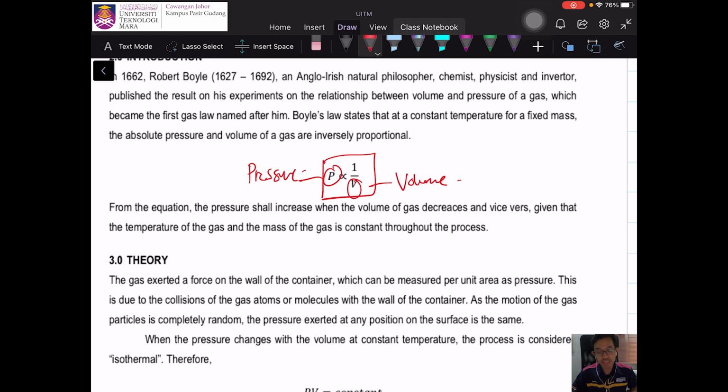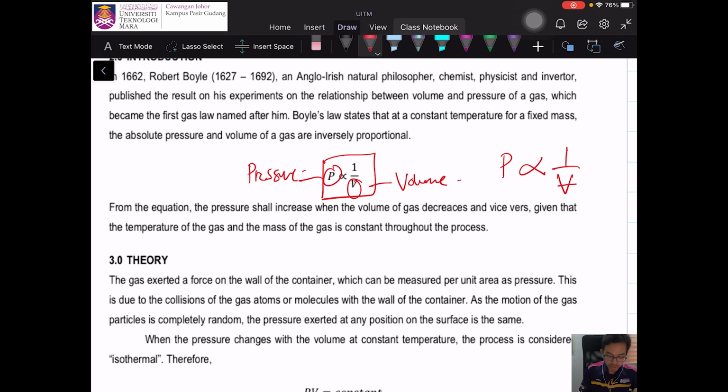Second, pressure is proportional to 1 over V. These are two statements, but in terms of the equation they still produce the same relation, P inversely proportional to V. So from this, the pressure shall increase when the volume of gas decreases and vice versa, given that the temperature and the mass of the gas are constant throughout the process.